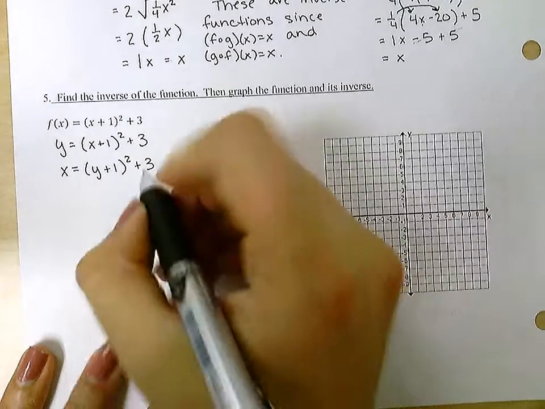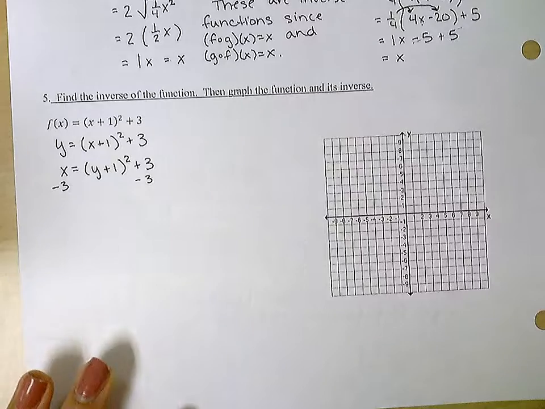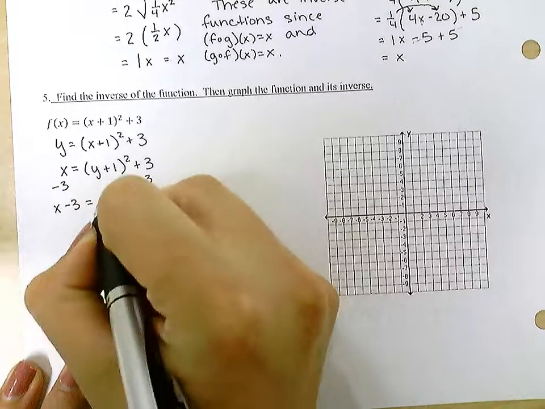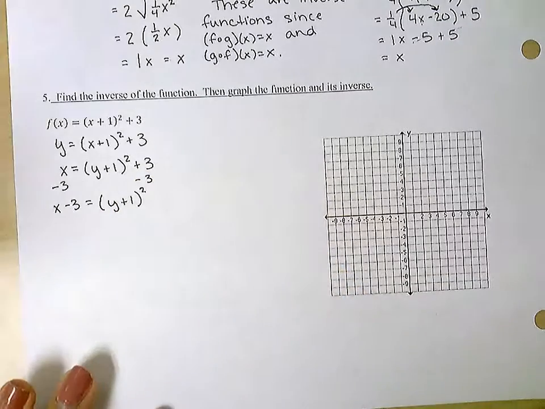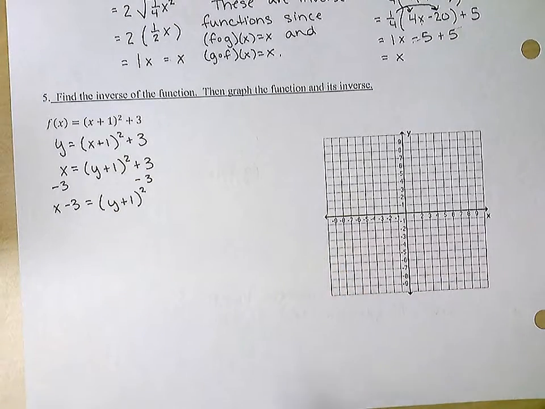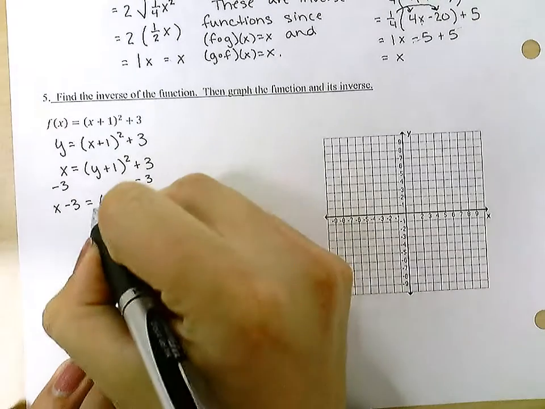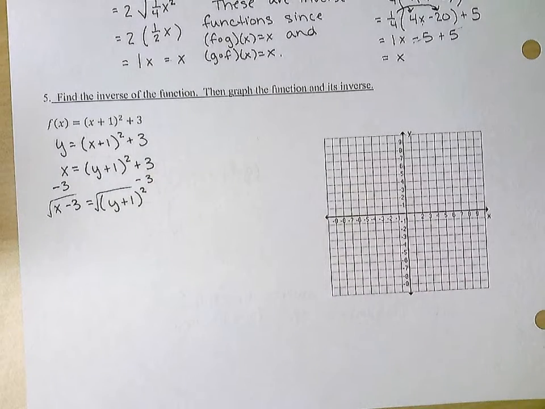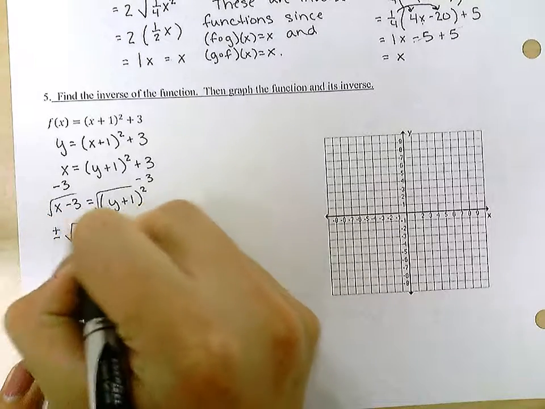From here, I want to solve for this y value, so I want to isolate it. So first thing I want to do is subtract 3 from both sides. So now I have x minus 3 is equal to the quantity y plus 1 squared. Now I want to get rid of this square here. So the opposite of that would be to take the square root of both sides. Now when I take the square root of both sides, I have to remember to add in this plus and minus piece.